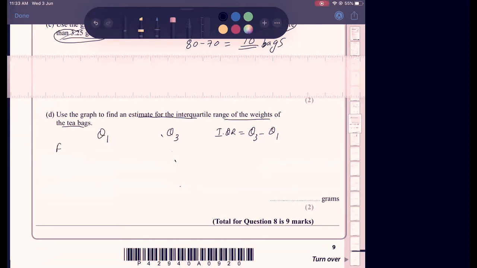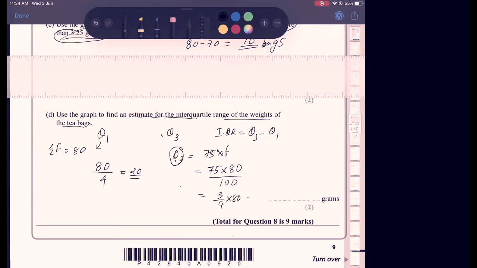For the position of Q1, we need 25% of 80, so 80 by 4 is 20. For the position of Q3, we need 75% of the frequency, so 3 by 4 into 80 is 60.